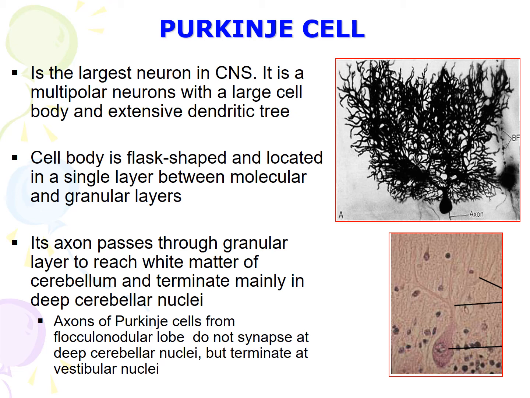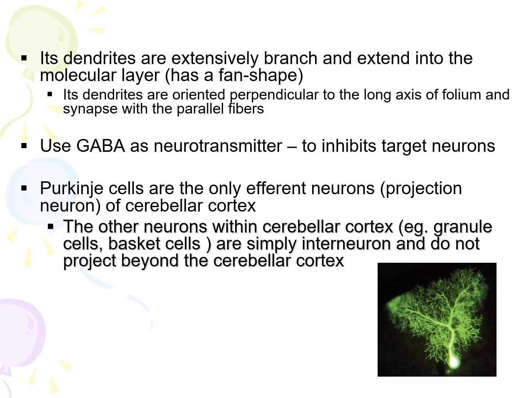The axon passes through the granular layer to reach the white matter of the cerebellum and terminates mainly in the deep cerebellar nuclei. Dendrites of Purkinje cells are extensively branched, extend to the molecular layer, and have the shape of a fan.